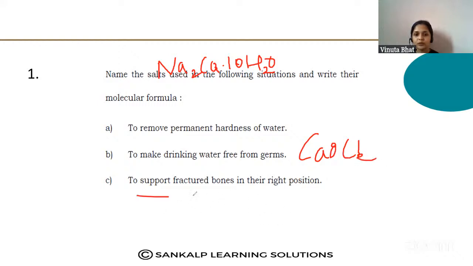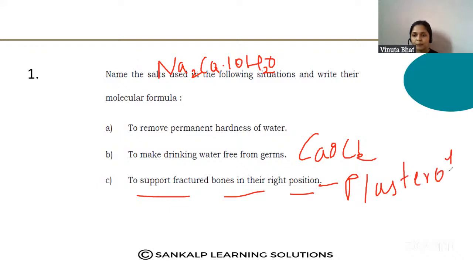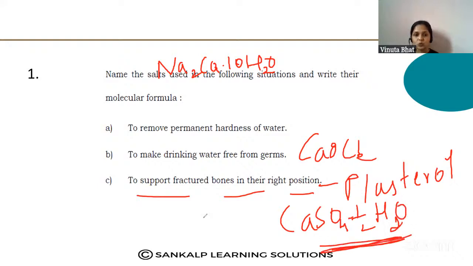Then to support the fractured bones in their right position, that is nothing but the plaster of Paris. Plaster of Paris is calcium sulfate hemihydrate, CaSO4.½H2O.